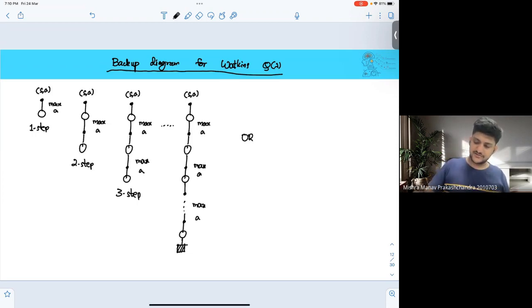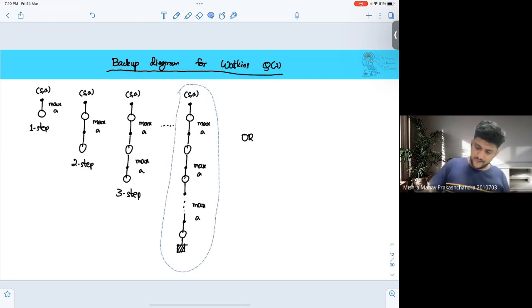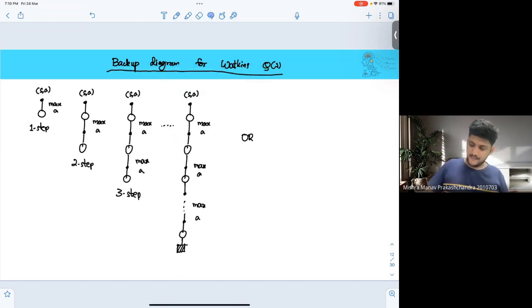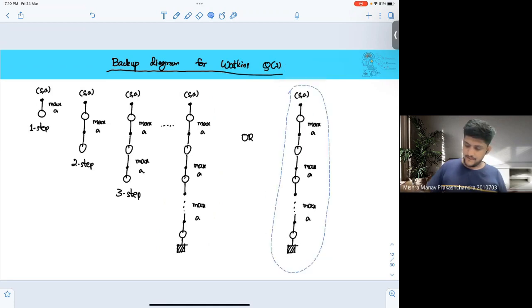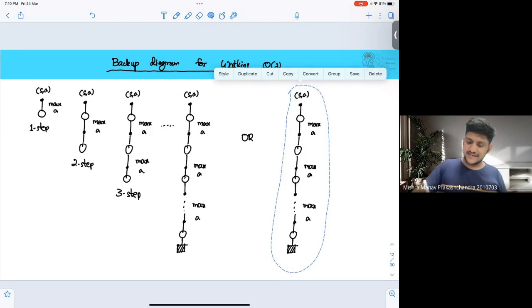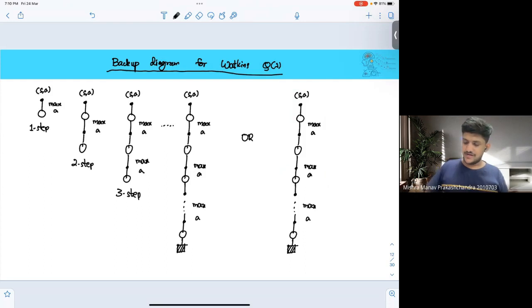Or let's say I sampled multiple number of times, but then I reach a particular state wherein I no longer do the max of action, but instead take an exploratory action. Okay, so in this state, I do some kind of exploration.